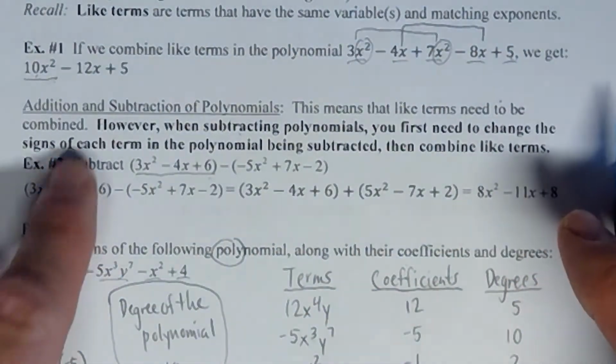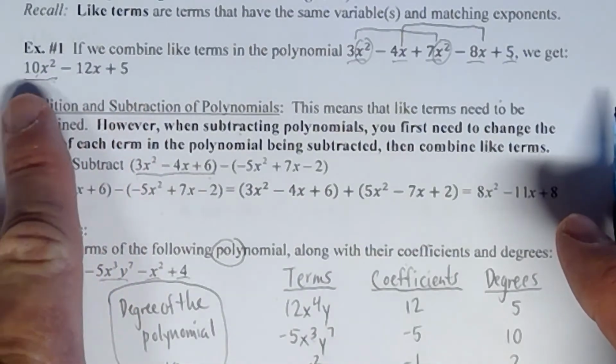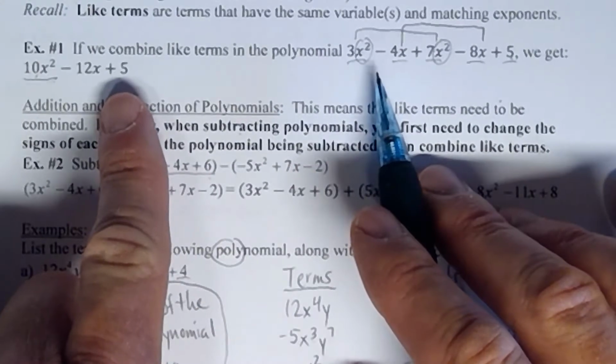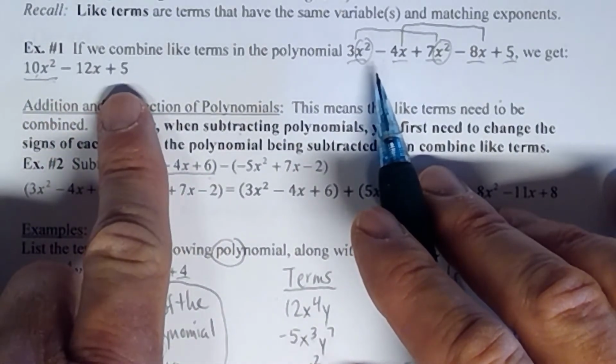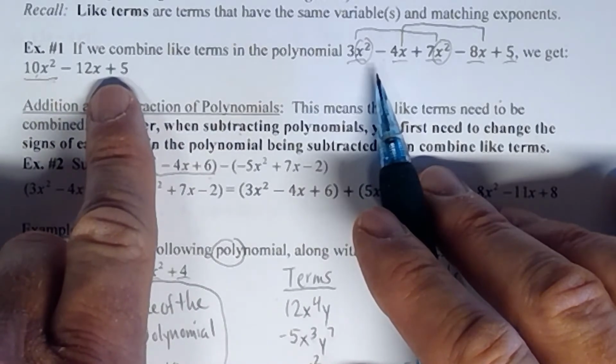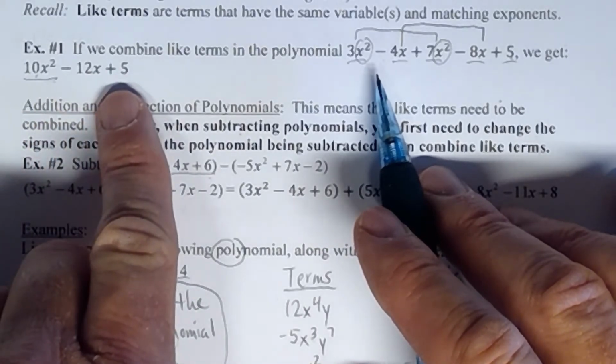Now let's talk about bringing stuff down into the answer for just a moment. When you combine like terms in a polynomial and you set up your answer, you have to have pluses and minuses in between your answers. Okay, it has to look like a polynomial still.